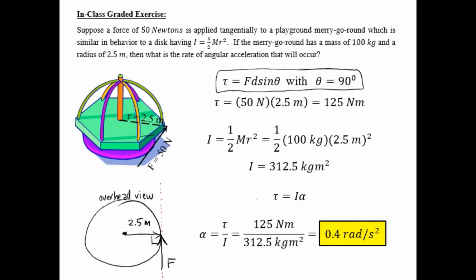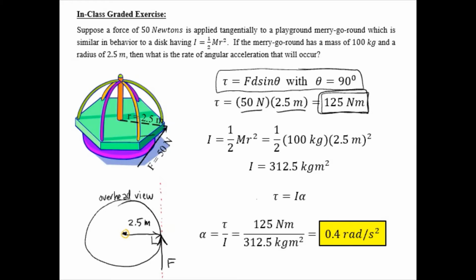And the shortest distance from the pivot location, which in this case is the center of the merry-go-round, to the line of action, which is going to be perpendicular, intersecting the line of action perpendicularly, that is our moment arm. And so in this case, our theta is really 90 degrees, which means we're just taking the force times the radius, and we find out that the torque here is 125 newton meters that's applied to this merry-go-round.